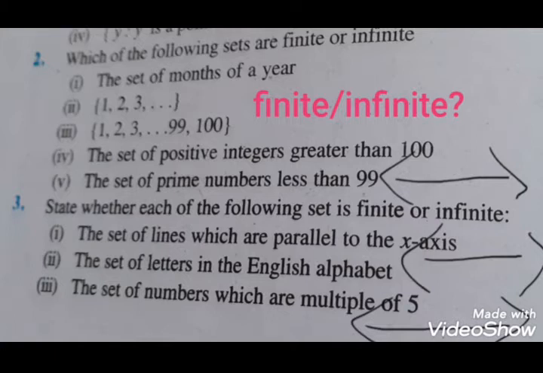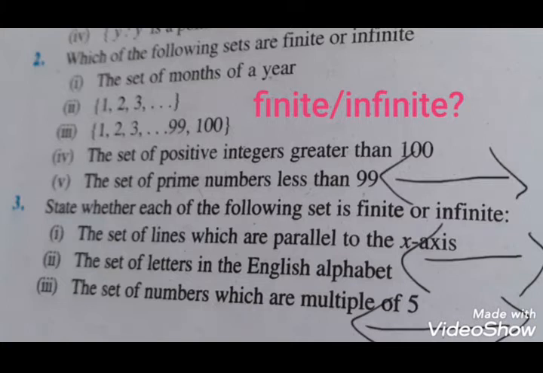The second is the set of letters in the English alphabet. We know the English alphabet starts from A and ends with Z: A, B, C, D up to Z. There are a total of 26 letters, which means in the set there are 26 elements. So we can count the elements of this set, and it is an example of a finite set.